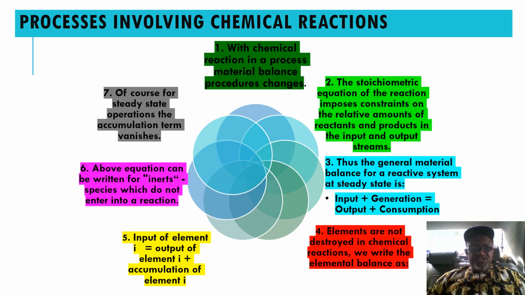And then this equation can be written for inerts, that is inert species. These are species which do not enter into the chemical reaction. They go in and come out that way. We'll see from the examples. Like insolubles can be considered as inert. Of course, for steady state operations, the accumulation term vanishes.